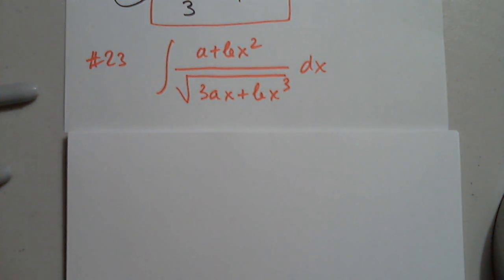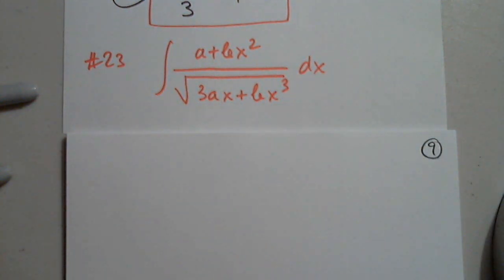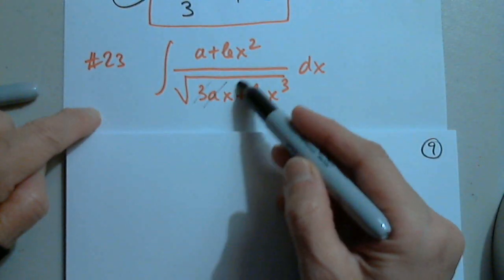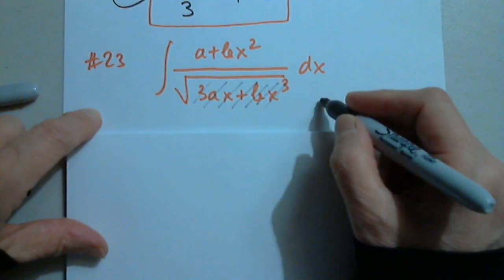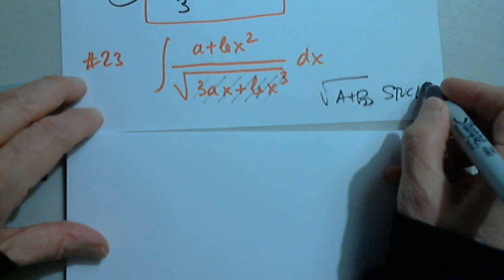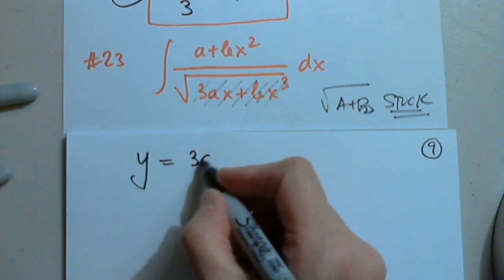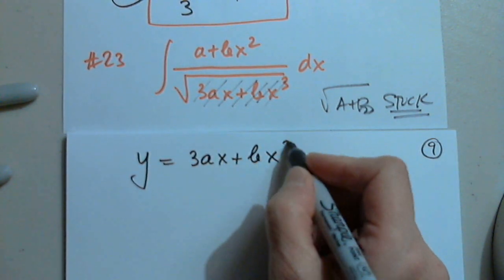So what do you think is the problem here? Looks like the square root. Yes, the quantity under the square root. So let's use y equals 3ax plus bx cubed.